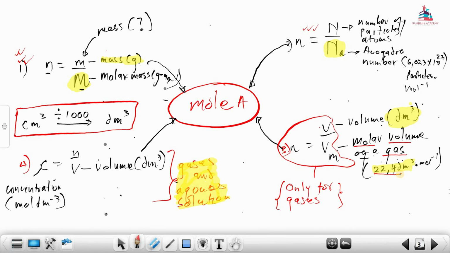I'm going to put this equation onto a new page so we can explain it in detail. Remember, provided we are given 1 and 2, we must also be able to link it with 3. So everything fits into us being able to calculate the number of moles.